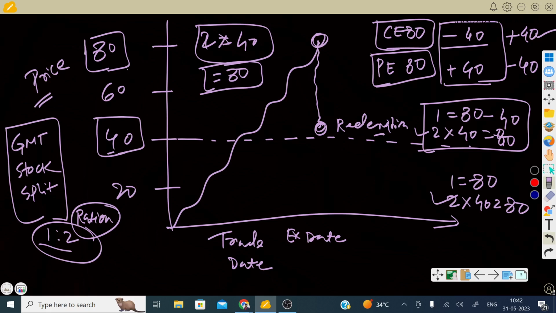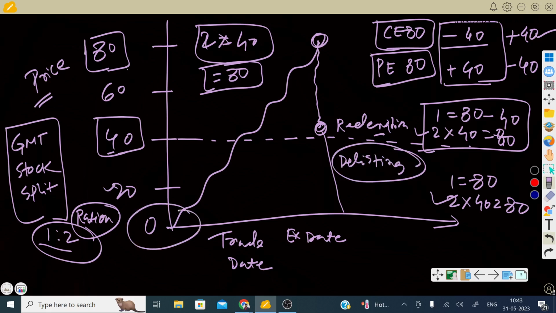If the company announces redemption here, it means the price of that security drops and will come to 0. So it means delisting of securities, right? The company wants to delist the securities, and if the security price becomes 0, then automatically the stock exchange will ask you to delist it.